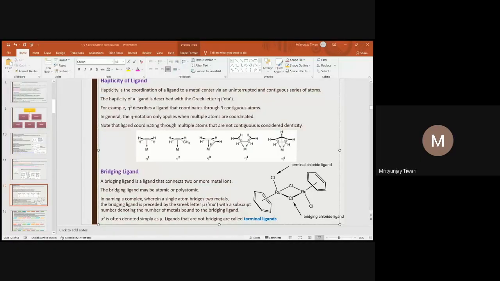We have removed the CN minus one by one, in four different steps. Once you remove a CN minus, the copper has a plus 1 charge and the complex has 3 minus charge, then another removal leaves 2 minus, then 1 minus, then 0, and finally, after removing the last one, we have plus 1 charge.